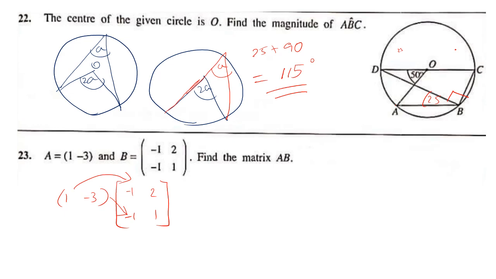Then you get it this way. 1 into 1, that is minus 1. 3 minus 3 into 3 plus 3, and minus 1 into 2 is 2, minus 3 into 1 is minus 3.